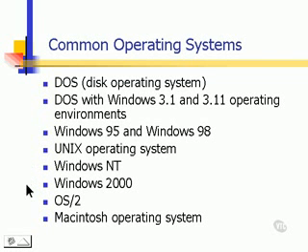Windows 2000 is an even more stable and more secure operating system that was just released in 2000. OS/2 is an operating system that was released by IBM and is used by some businesses but doesn't have the following of some of the Microsoft systems and Macintosh operating systems.